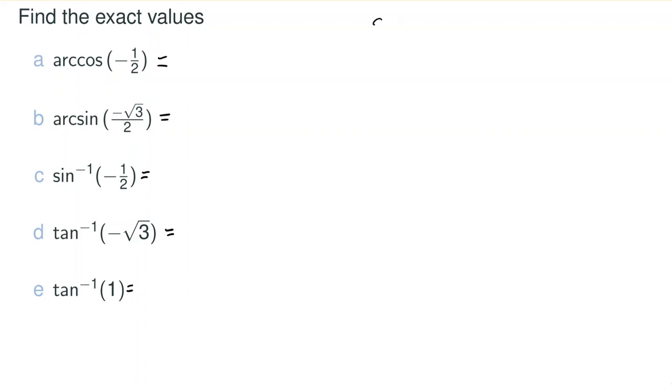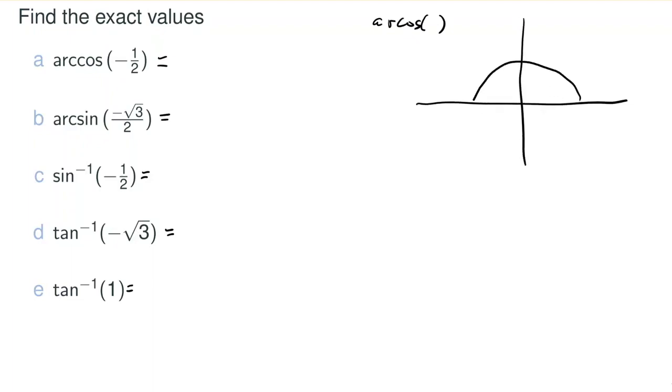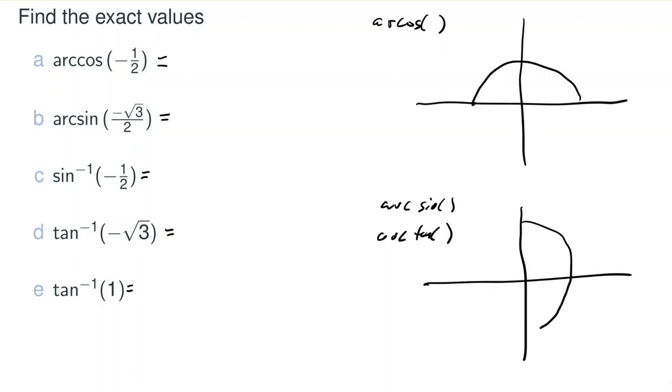For cosine, we only look at the top half of the unit circle. For arcsine and arctangent, we look at the right half, like these. But not only that, we look at these as negative angles. So this right here is negative pi over 2.